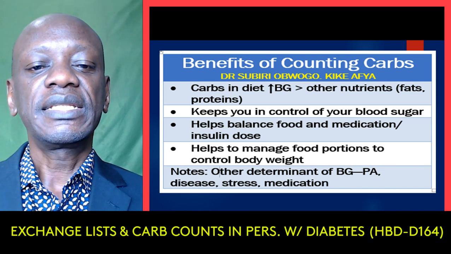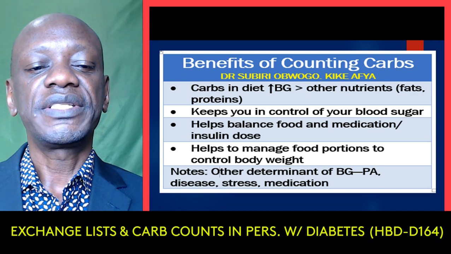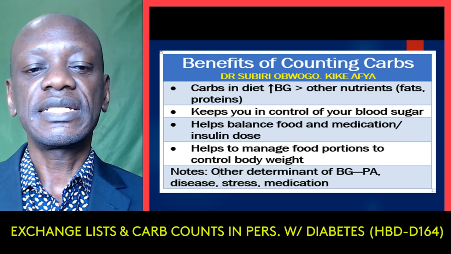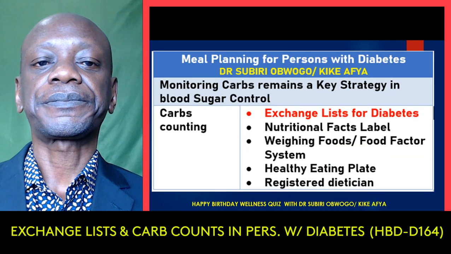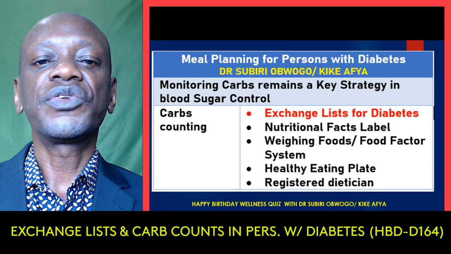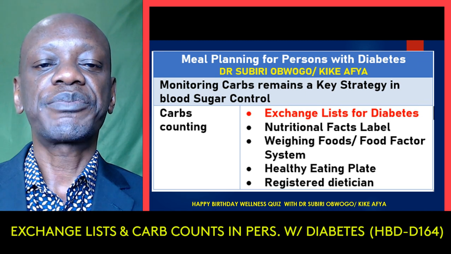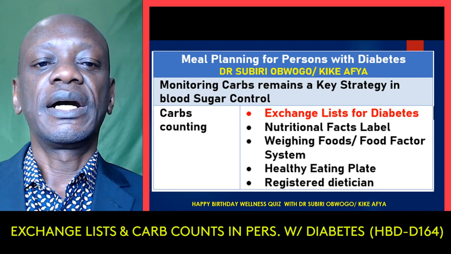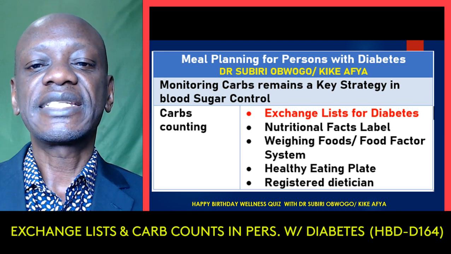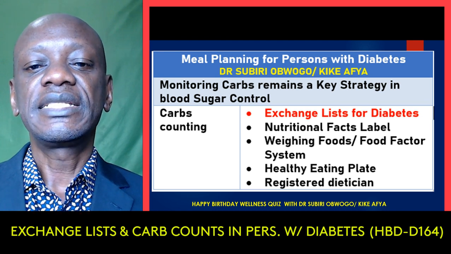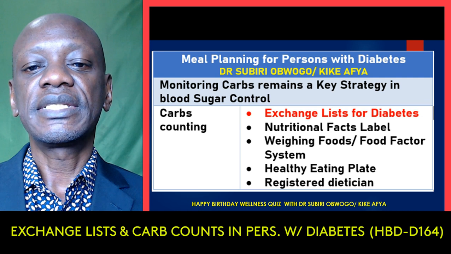Other determinants of blood sugar include physical activity level, disease status, stress, as well as medication. There are different ways of counting your carbohydrates, protein, and fats, but in this episode, we'll be discussing exchange lists. I'll discuss the other ones in subsequent episodes.